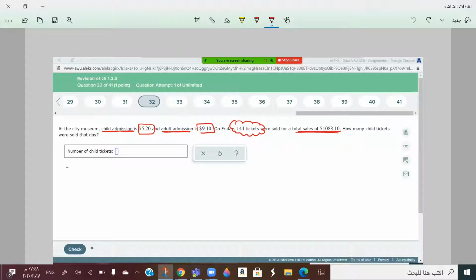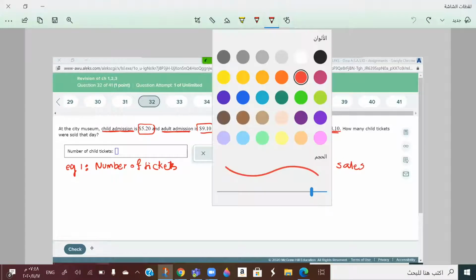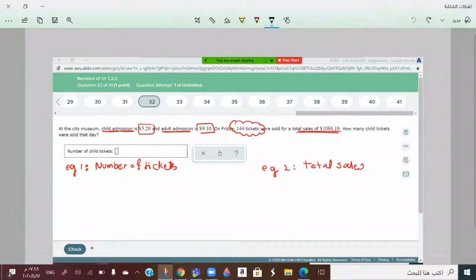That means we need one equation for the number of tickets, and this should be the total number of tickets, and the other equation will be for the total sales. And to have an equation, we need to set variables.